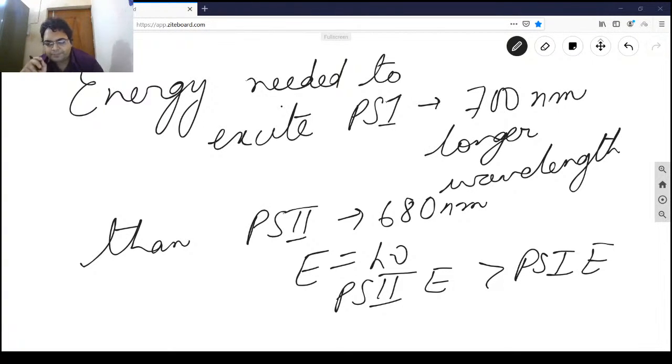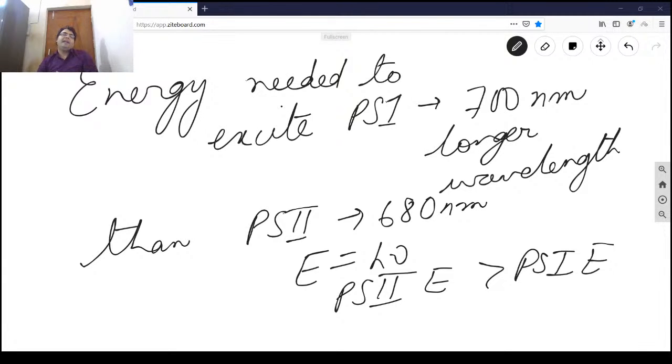Now, if PS1 and PS2 were physically in contact in the chloroplast, like physically contiguous, the excitons originating in the antenna system of PS2 would easily migrate to the reaction center of PS1, not PS2, because it is easy to go to a lower energy than to a higher energy, right?